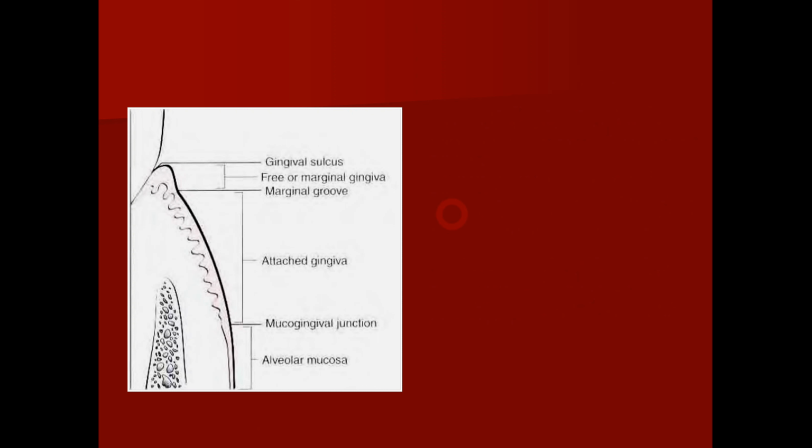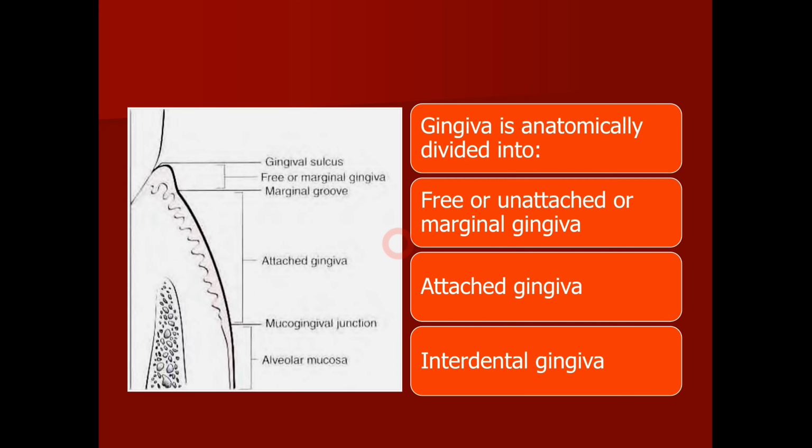Now, moving on to further types of gingiva present around the tooth, it's divided into three categories anatomically. First, we have the free or unattached gingiva, also called marginal gingiva. You can see that this gingiva is relatively free, and when you use high pressure air, it also moves a bit. That's why it is called free, unattached, or marginal gingiva.